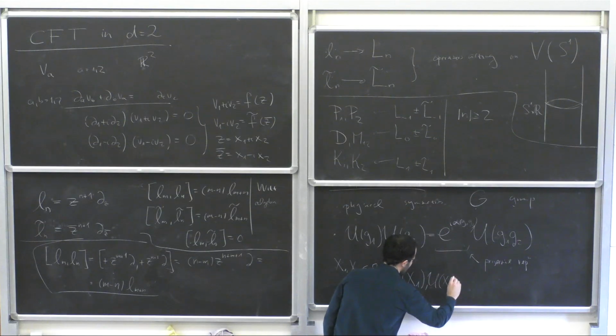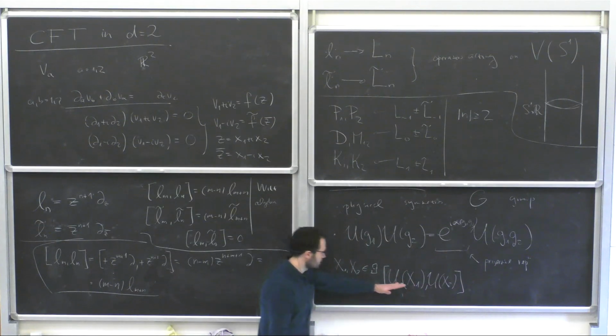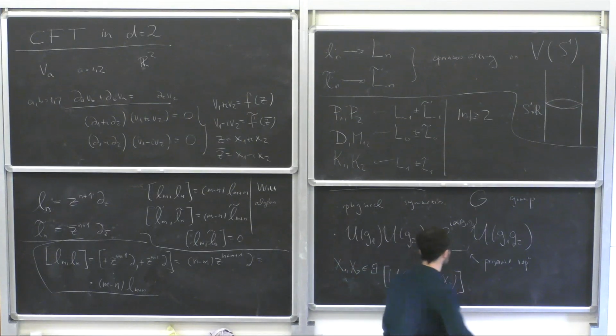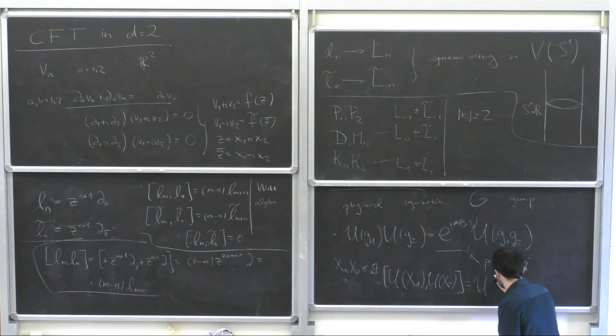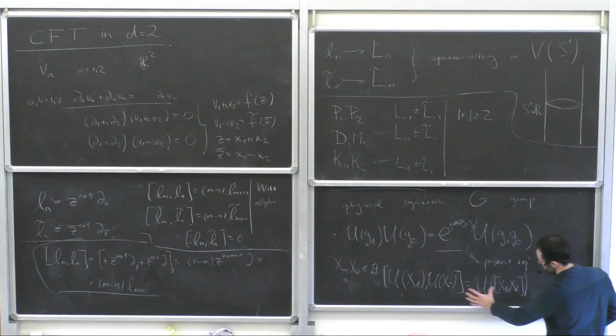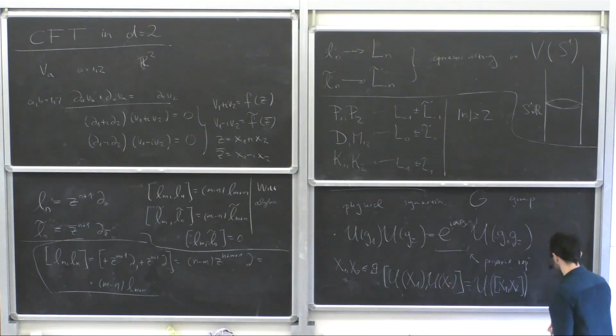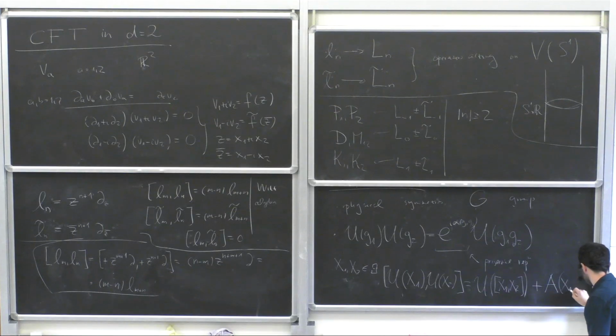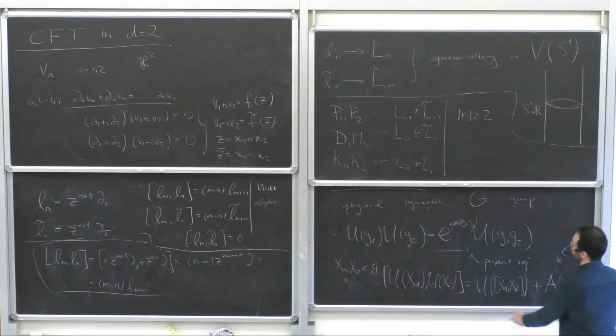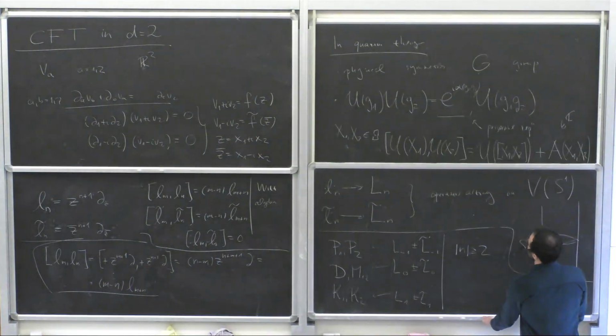If we take the commutator of the representatives, we should get the representative of the Lie bracket. So this is the abstract Lie bracket, and this is the genuine commutator of matrices. But there could be an additional term, which is just a C number. This is just a number, right? This number is kind of the differential of that exponential. Okay.